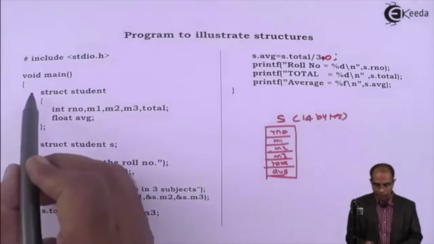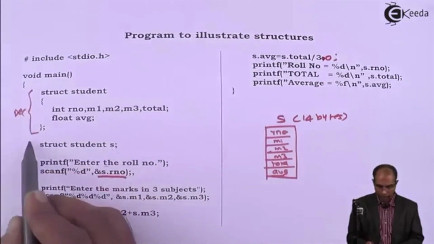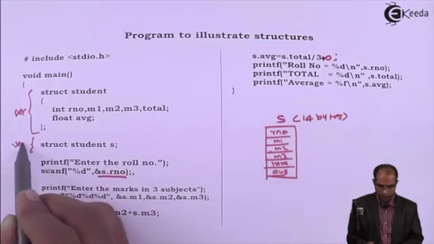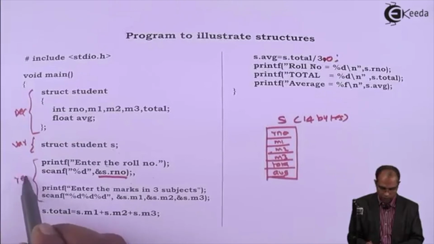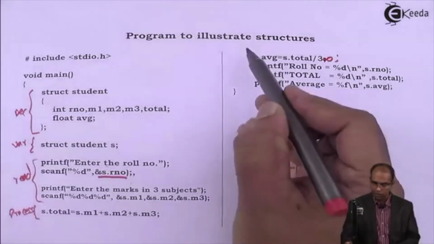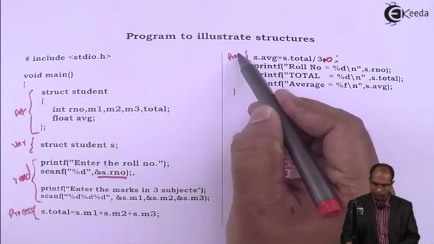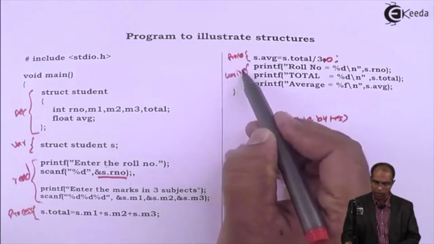So I have declared the structure, that is the first step, declare, and then I have created variables, variable creation. Then these instructions help us to do a read operation, and then process or operate. This is again a processing instruction, and finally I have done a write operation on this particular structure.